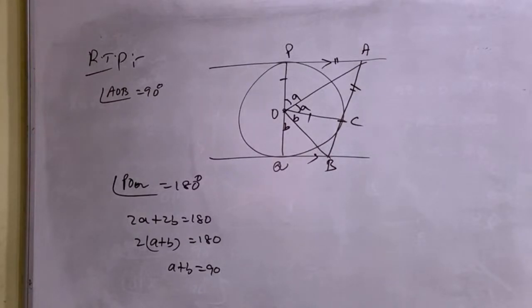Small a plus small b is equal to AOC. So that is AOB, and that is done.